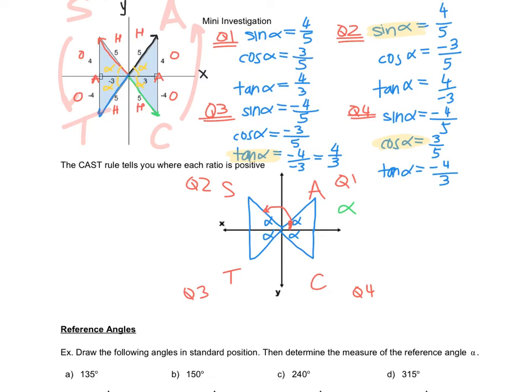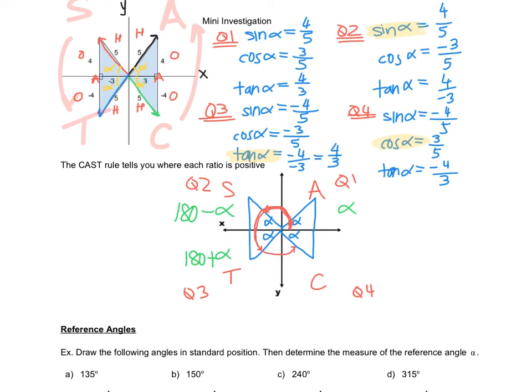So our actual angle can be written as 180 subtract the alpha. When we're in quadrant 3, we're rotating and then we're passing 180 and we're adding on the alpha. So in quadrant 3, we're doing 180 plus alpha. And in quadrant 4, we're pretty much doing an entire rotation.